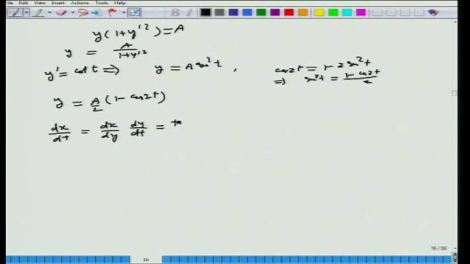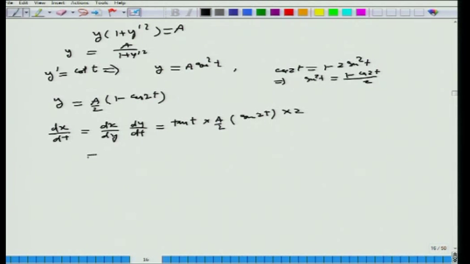So, tan t, and dy by dt will be into a by 2, and then you have differentiation of this will give you plus sign, and here you have sin 2t into 2.